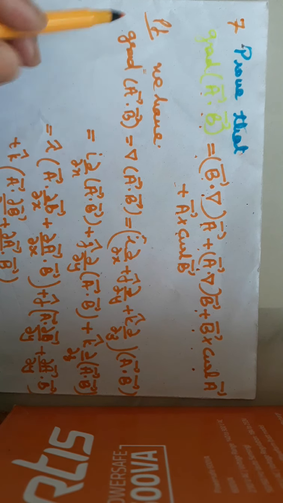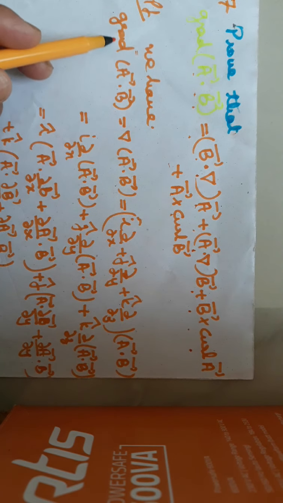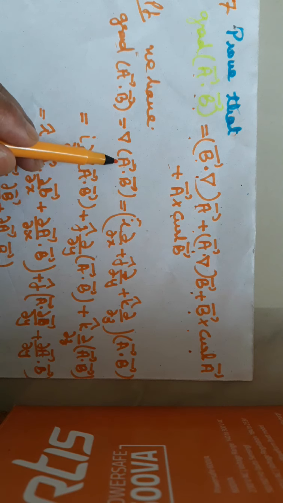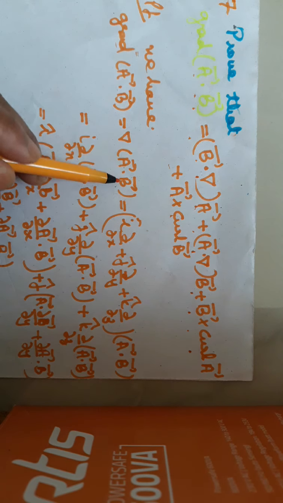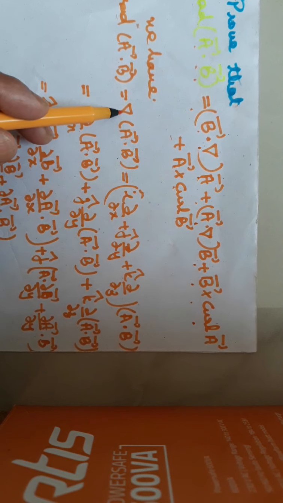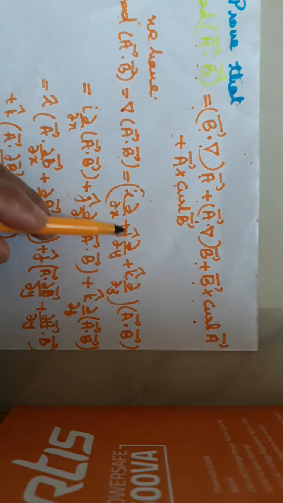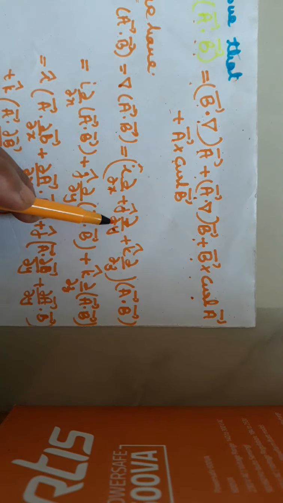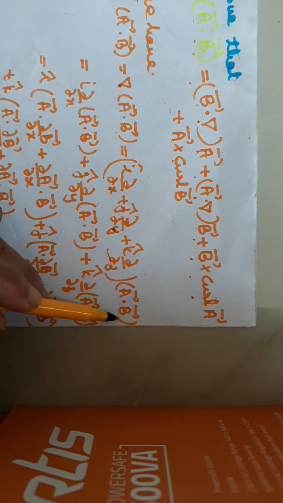Proof: we have the left hand side, by gradient we mean the operator del operating on this scalar product of these two vectors, and you just replace del here by i del/del x plus j del/del y plus k del/del z of a bar dot b bar.